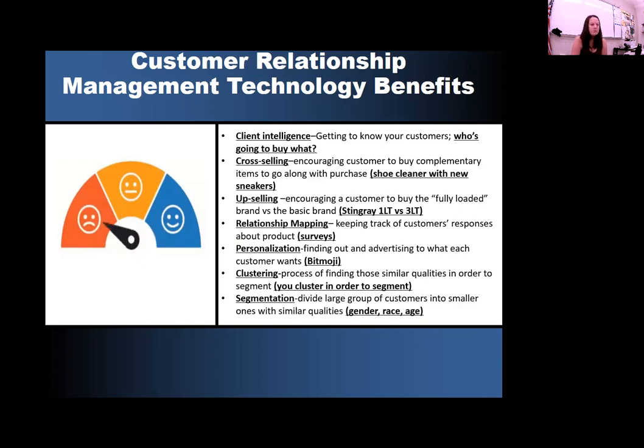Personalization is trying to tailor products to a certain customer's needs. You can think about personalizing a t-shirt. So a lot of companies, they'll take their product that they're selling and they'll make it personal to that specific client. Like Coca-Cola was doing that with the names on a Coke.